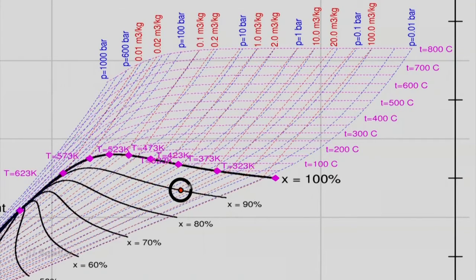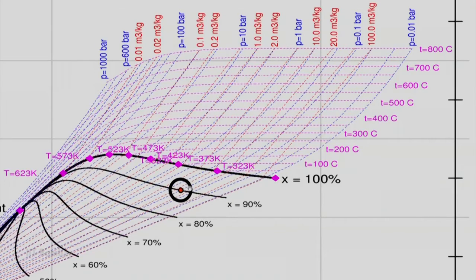Also, in this direction I can see that this is close to 323 Kelvin, so the temperature is 50 degree centigrade, T equal to 323 Kelvin approximately.